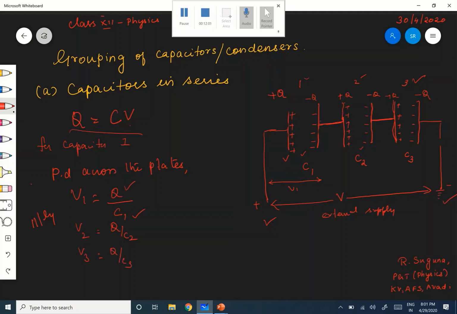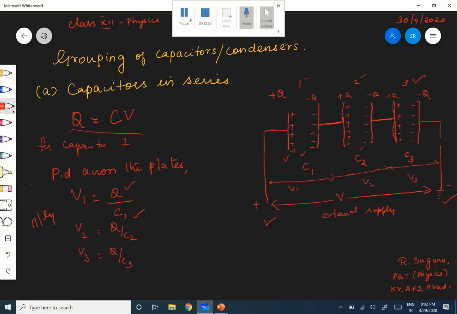Are you following? So this is the potential drop across C1, then V2, and the rest is V3.